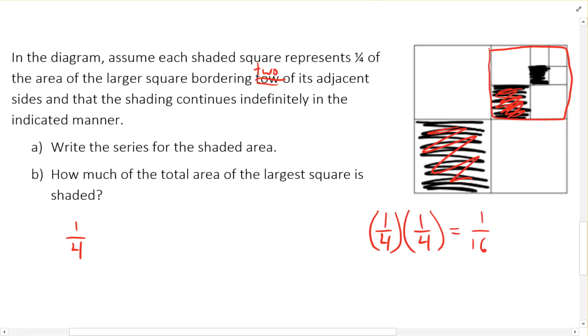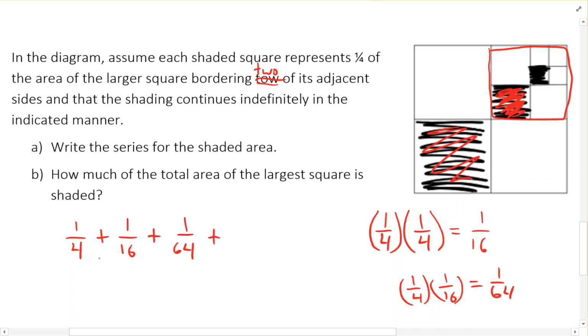And then the next one would be a quarter of that. So I'd go 1/4 times 1 over 16. So that's 1 over 64. So I can start to see how this is going, right? So it's going to be plus. The first one was 1 over 16. That gave me that part. And then the next one would be plus 1 over 64.